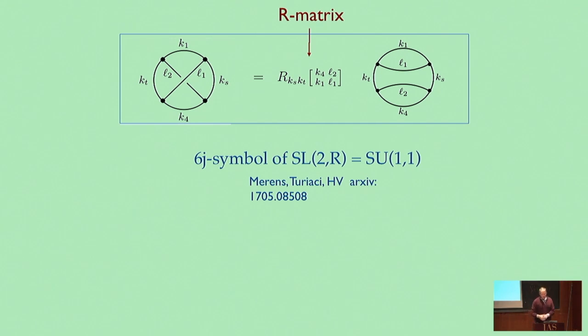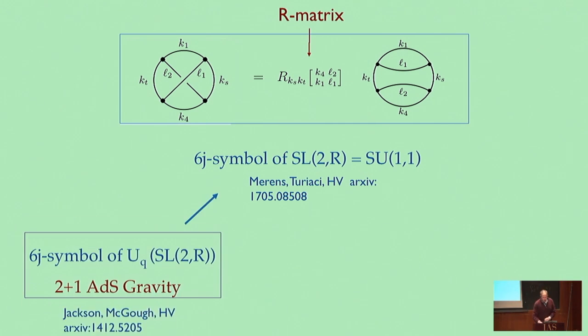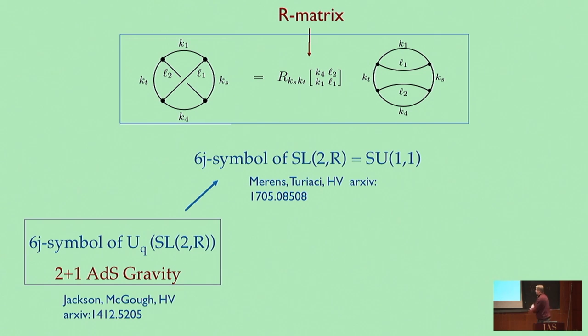And what's interesting is that the answer that you're going to get is almost identical to an answer that we already found 4 years ago by studying gravity in 2 + 1 dimensions, where we actually had the same combinatorial way of looking at out-of-time ordered correlation functions.